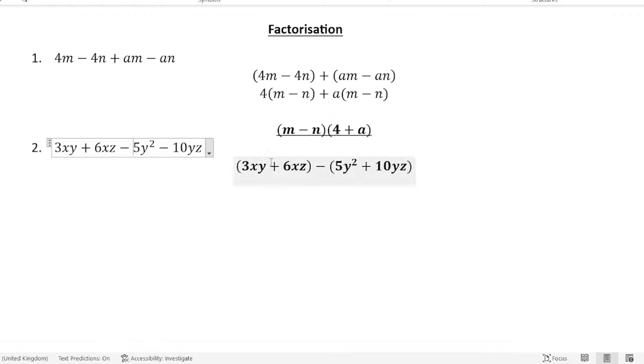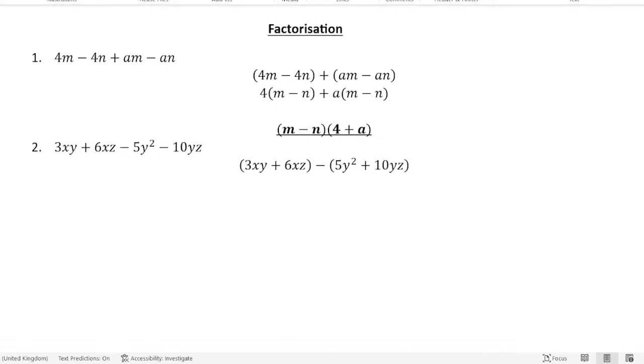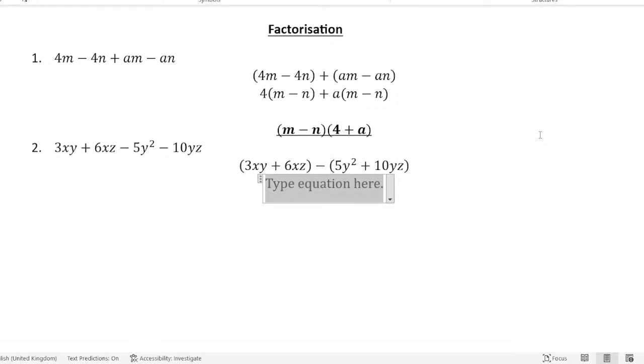Now let's start to factorize. We have a common factor. The common factor here is 3x. Then we open brackets, and we'll be left with y plus 2z.